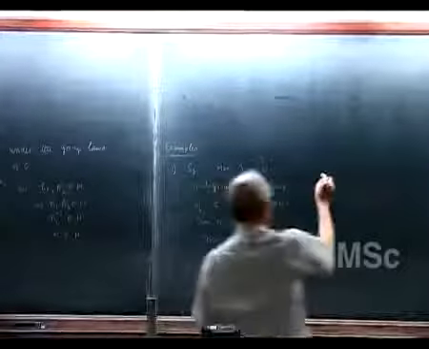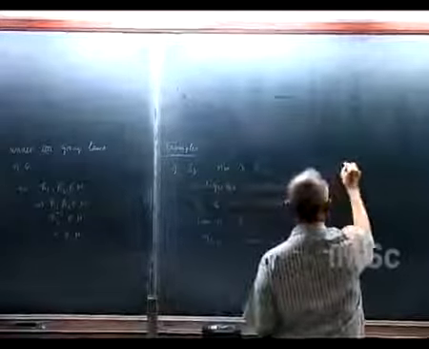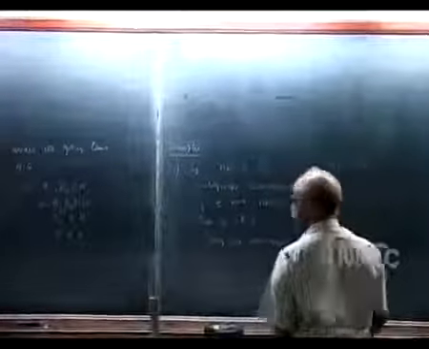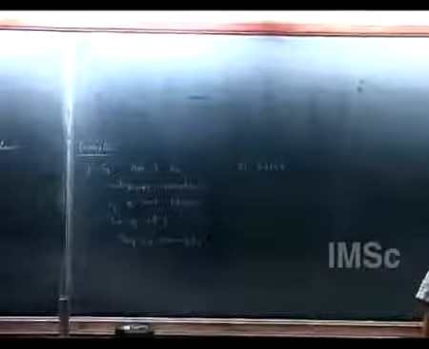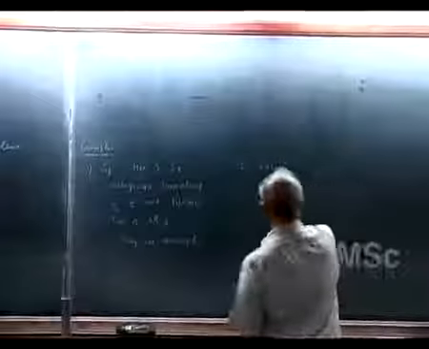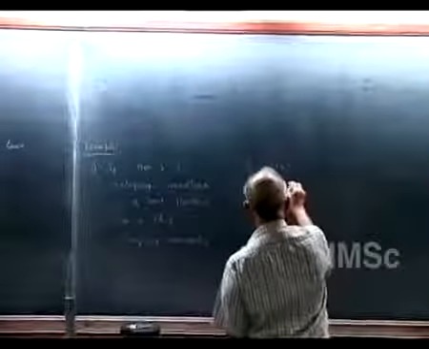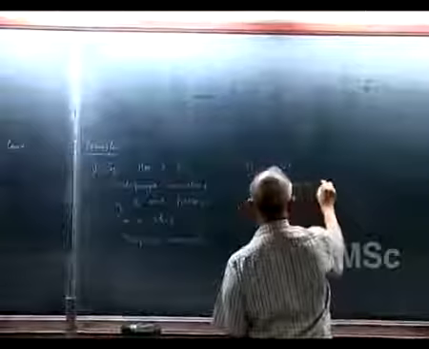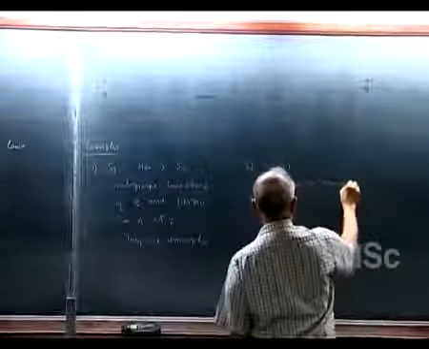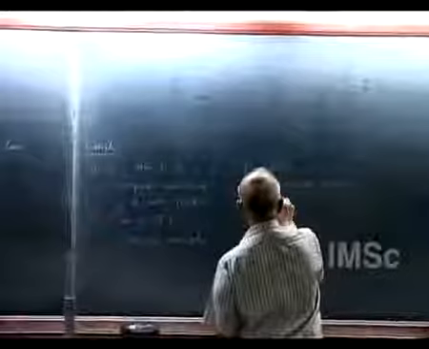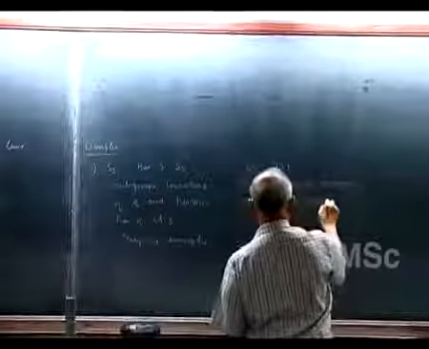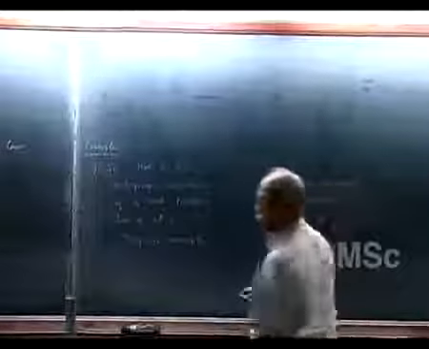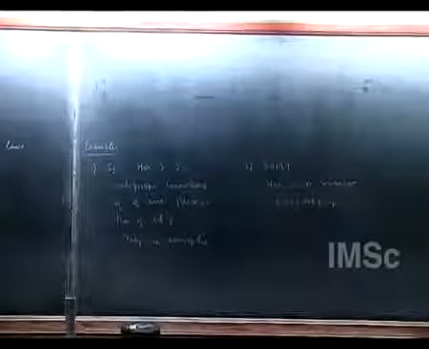Let me look at a slightly more complicated example. Let me look at SO3, rotations in 3 dimensions. This has an infinite number of SO2 subgroups. What can that be? What may be the subgroups? Can you tell? Around a fixed axis. Yeah.